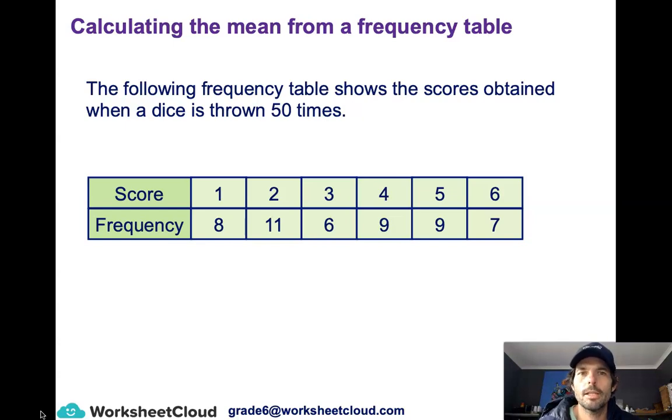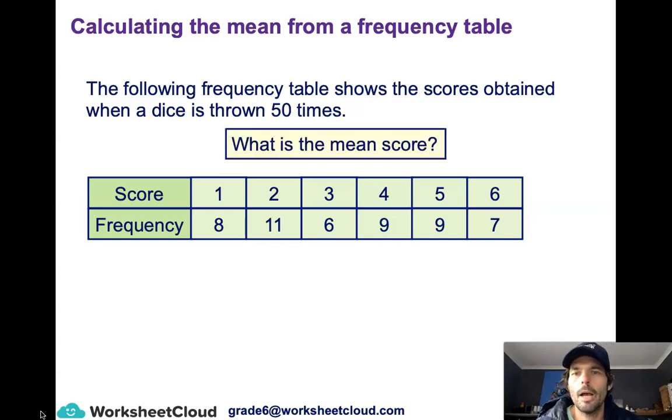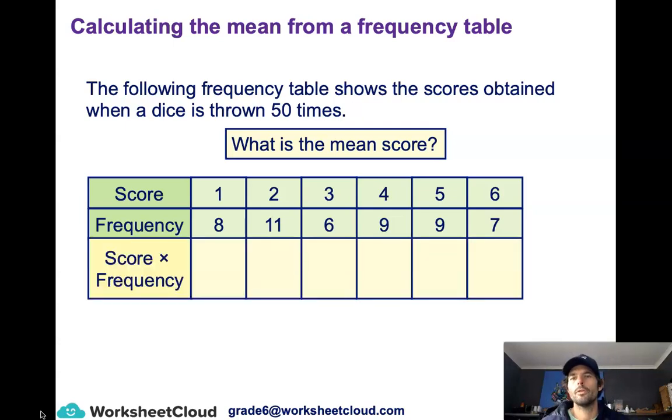As you can see in the description of the frequency table, the dice was thrown 50 times. So if you added up the frequencies 8, 11, 6, 9, 9 and 7, you should get an answer of 50. All right, and now we want to know what is the mean score. So we need to figure out the score multiplied by the frequency.